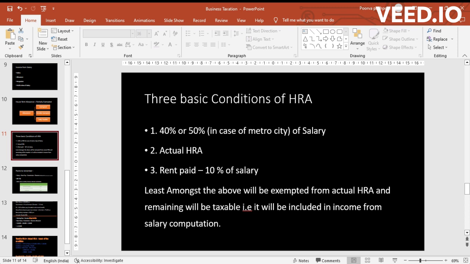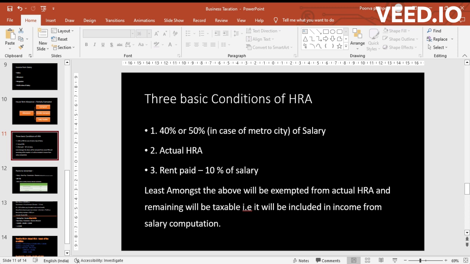The first condition is 40% or 50% of salary: 50% in case of a metro city, and in any of the rest of the cities it will be 40%. Then actual HRA, that is the house rent allowance actually given by the employer. The third condition is rent paid by the employee minus 10% of salary.